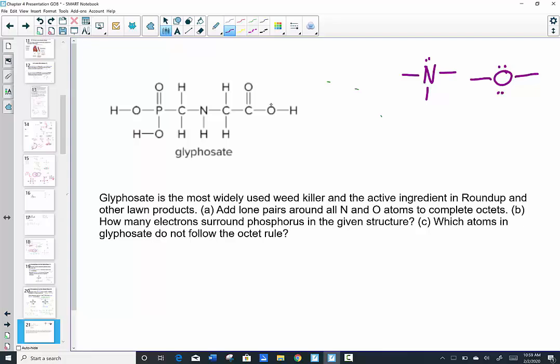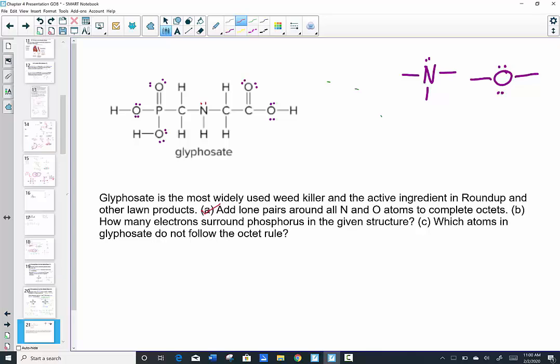So I can complete the dots on oxygen, making sure that it has 2 bonds, 2 dots. I can do that very quickly on each oxygen. We got it, 2 sets of dots for each oxygen. Do that for the nitrogen. Here's one. 2 sets of dots, 3 bonds, it's perfect. We added all the lone pairs on the N and the O.